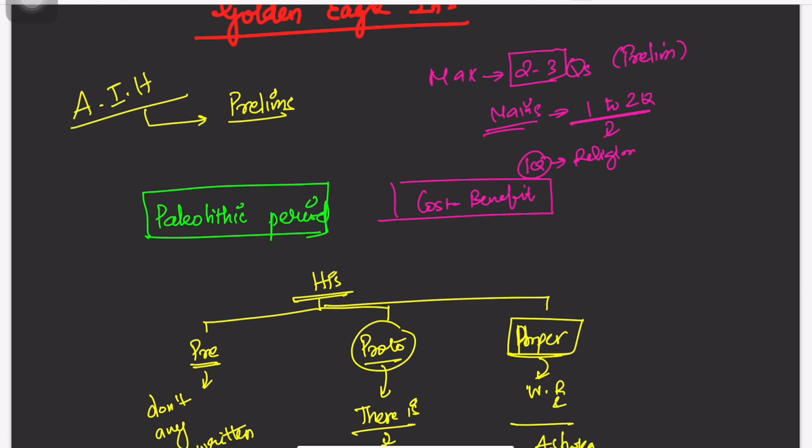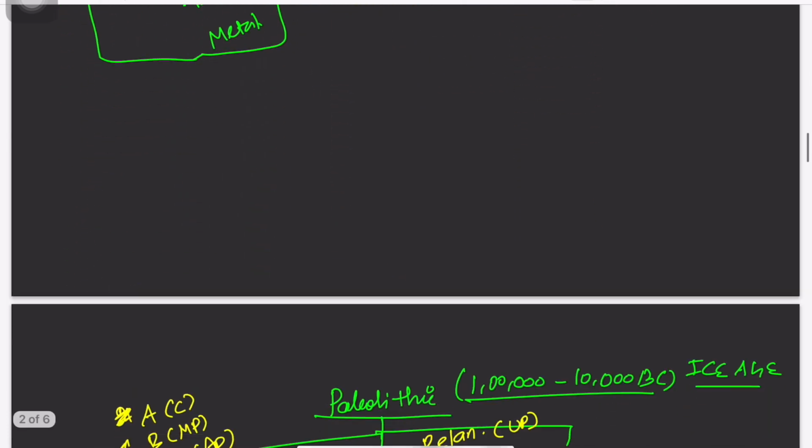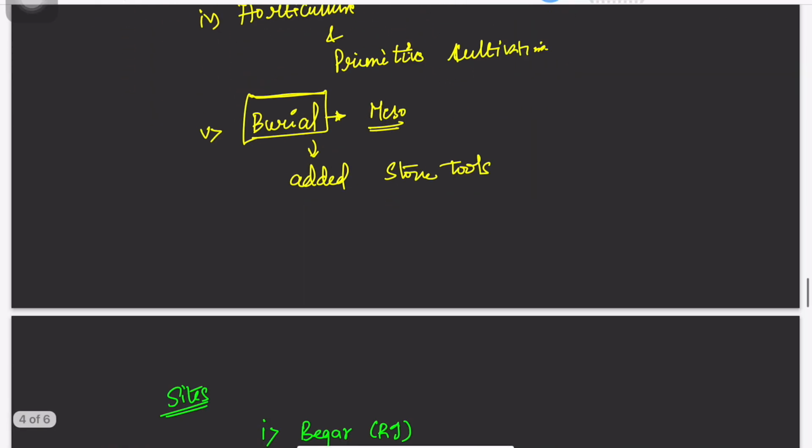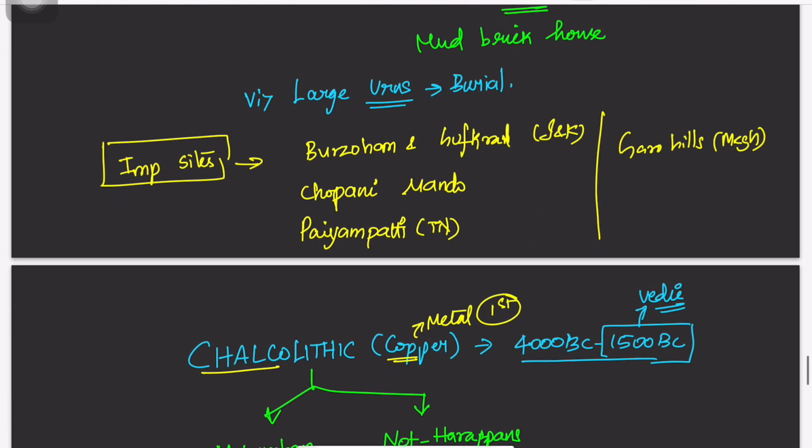Just read it 1 time, then take the important notes, because in my lecture I'll give you all the important pointers. Nothing else is going to come beyond what I'm teaching, but you have to remember the things, because mostly everything is fact based. Understanding does not play much of a role here, but questions are sometimes asked in an understanding way, from Buddhism, Jainism, IVC, Rigvedic period, early Vedic and later Vedic.